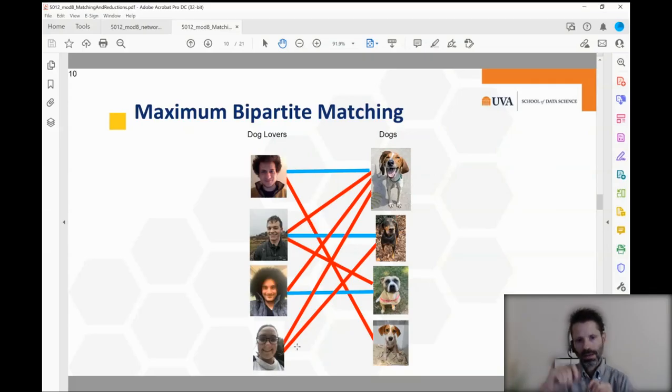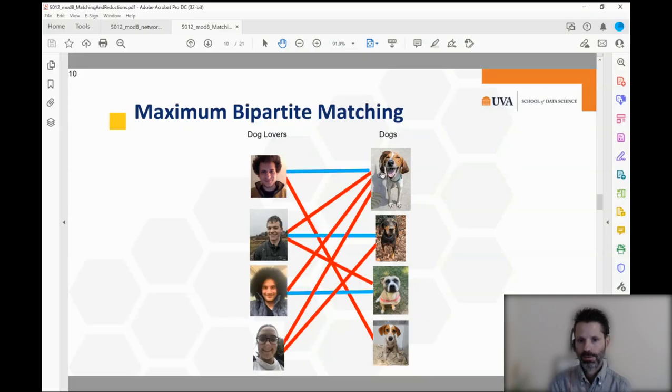So we can investigate all different combinations of matchings possible to see if we can get one where everyone gets paired up. That would be a maximal matching or an optimal matching. And so again, looking at this particular example, we see that this particular dog number 4 only has one possible match, and that's dog lover number 1.